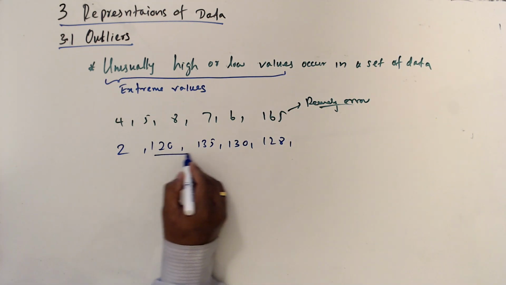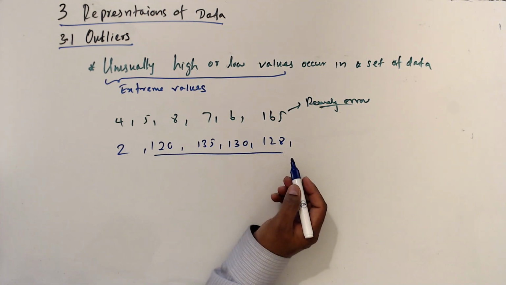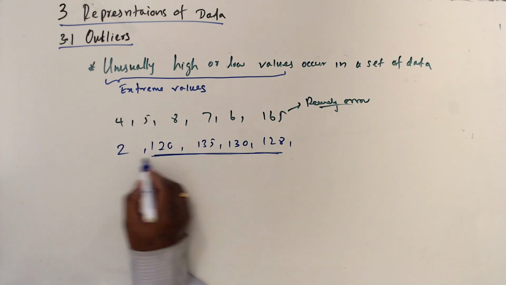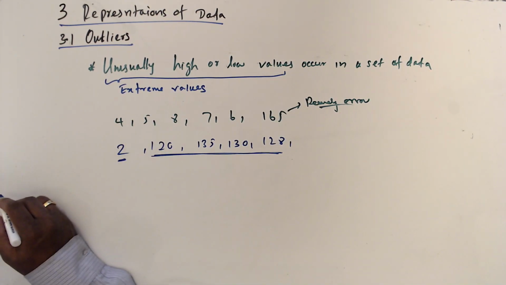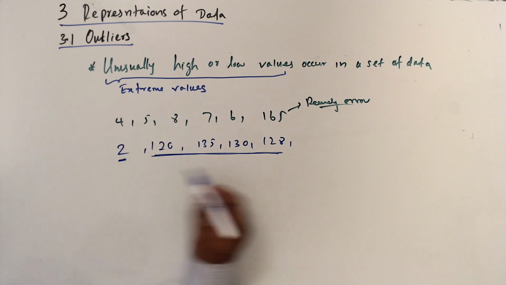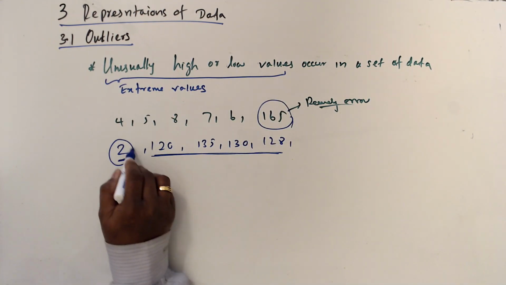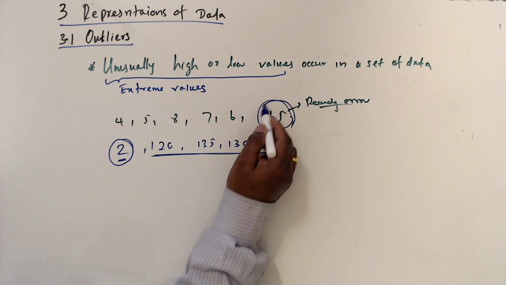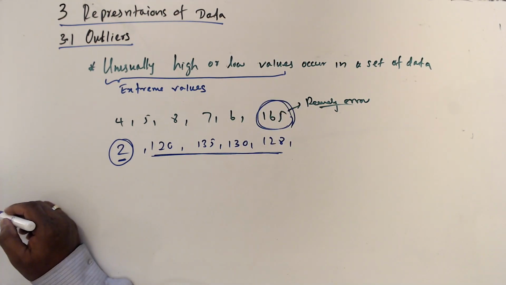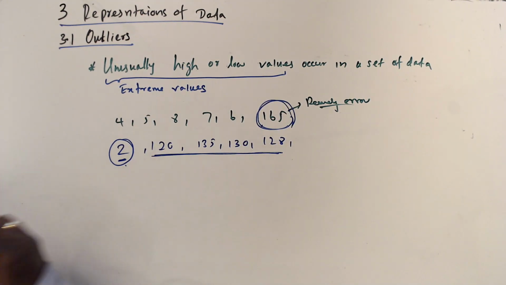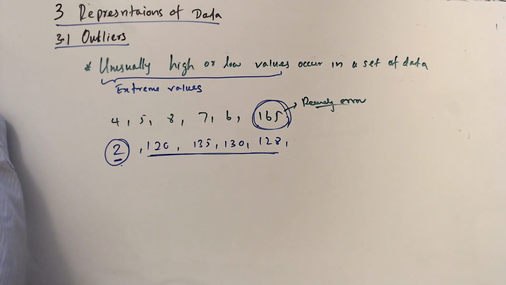So when you look at this data set, all values are around 100, and suddenly it's 2. It's too small, so this is also an extreme value. Both are extreme or unusual values.